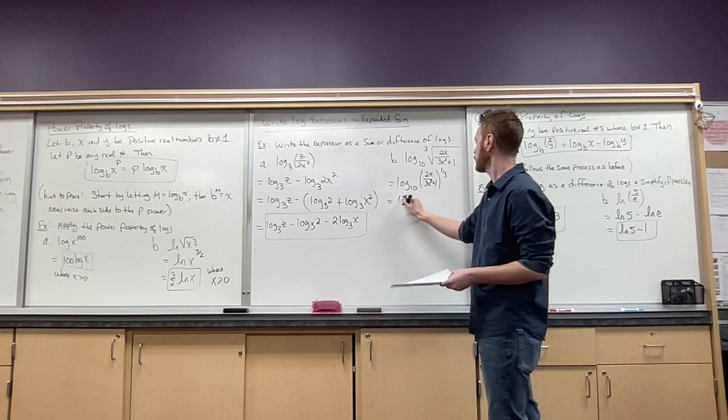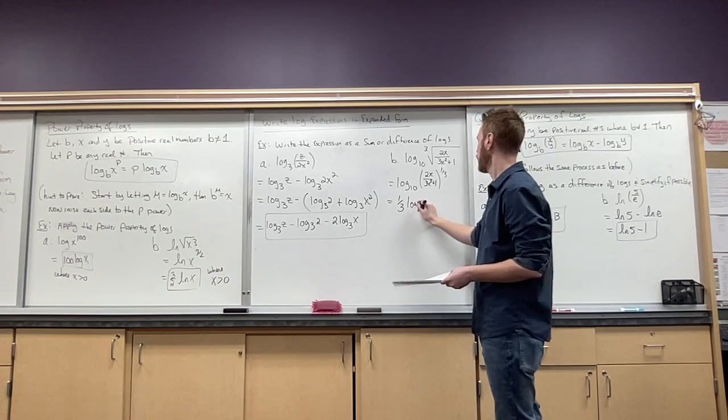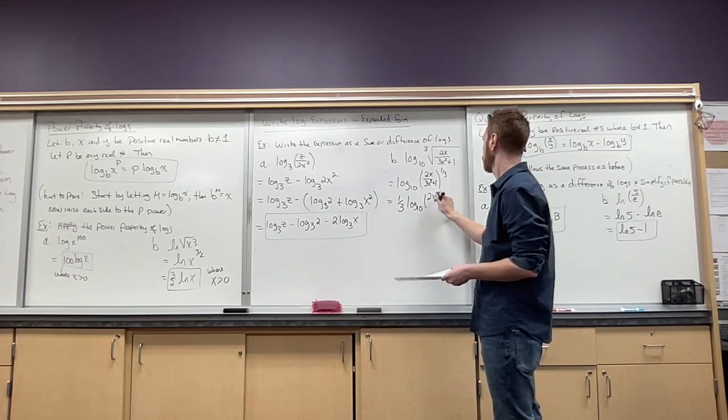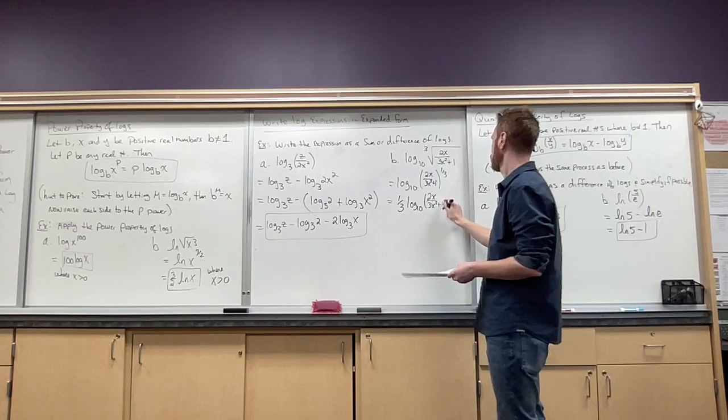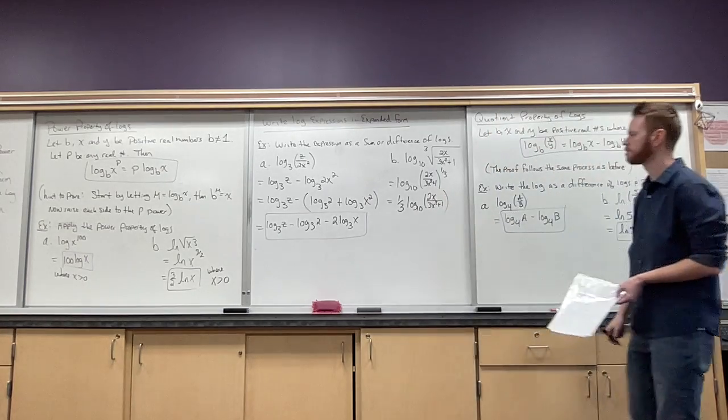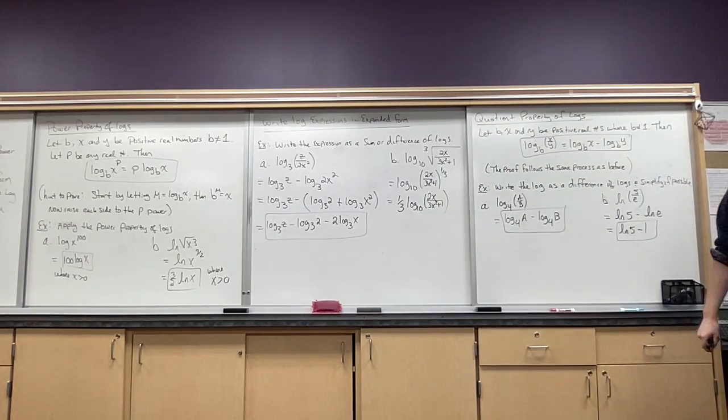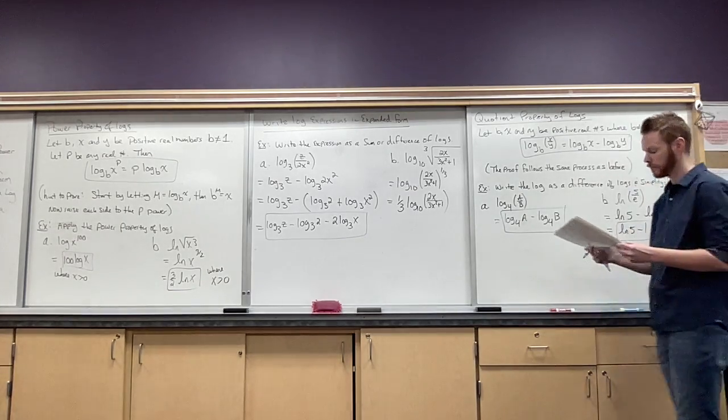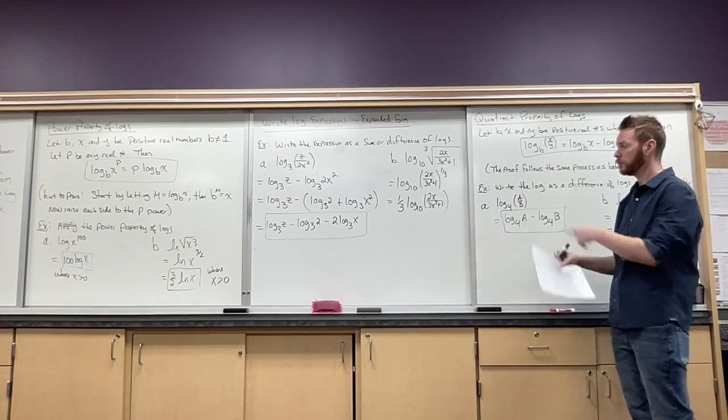And then we know that that's the same thing as me writing it out in front. Okay, so there we go. Now, could you do that all in one step? Absolutely. I'm just showing you why we got to a 1/3. Because that actually is an exponent.